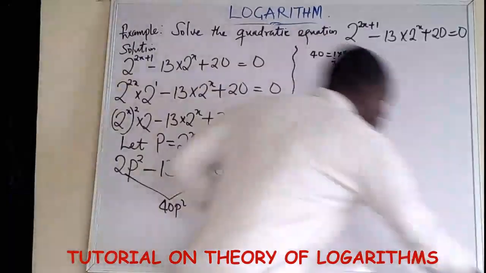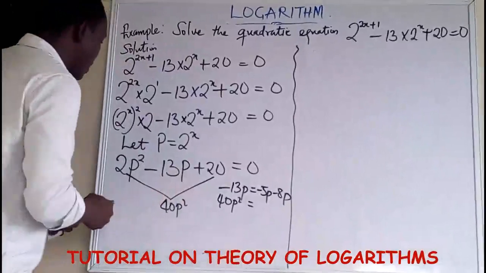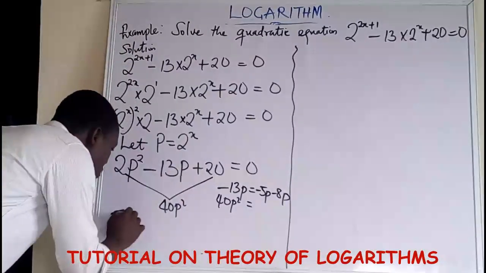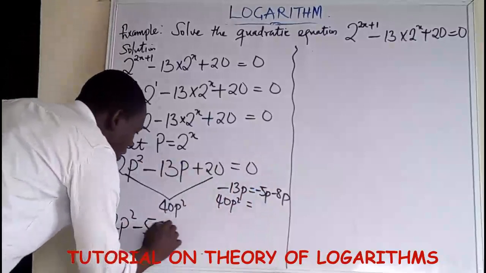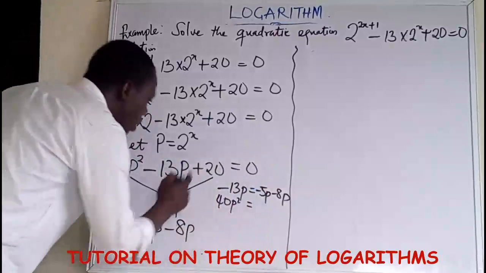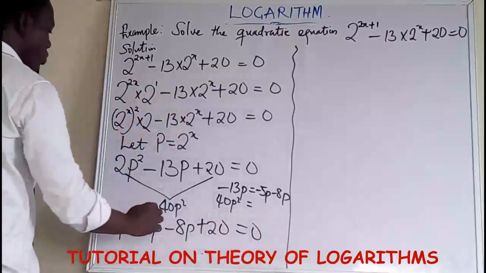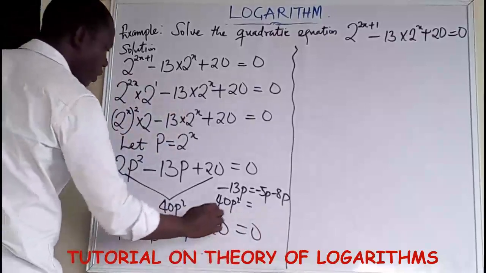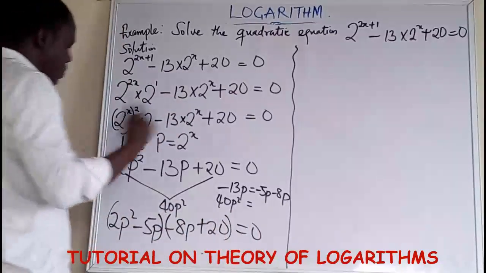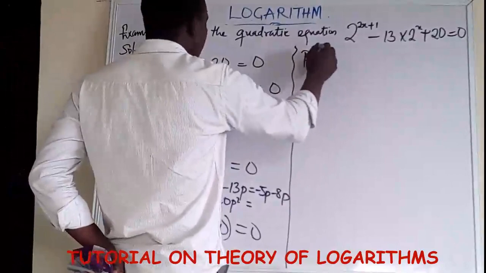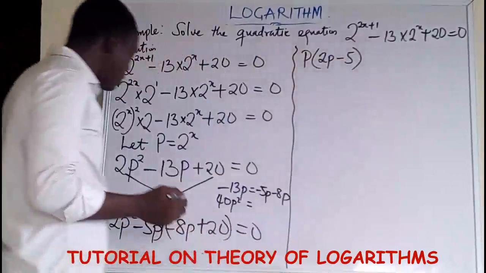So now, let's clean this up. Let us write this one now. We have 2p squared. We substitute this one for this. We have minus 5p minus 8p and then plus 20 equal to 0. Then we factorize. Between the first two terms, what is common here is p. So we have p bracket 2p minus 5.